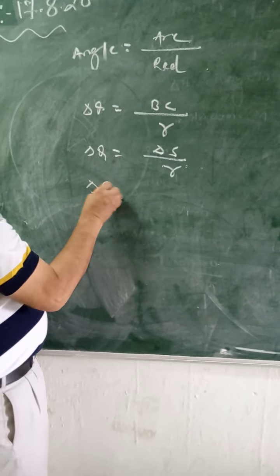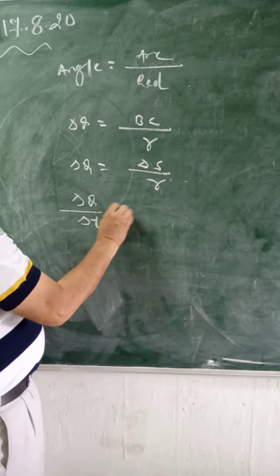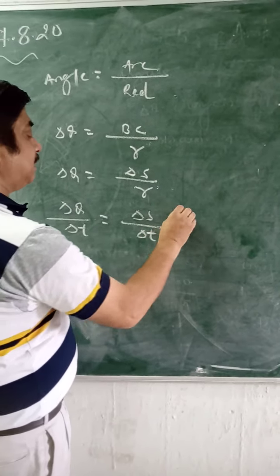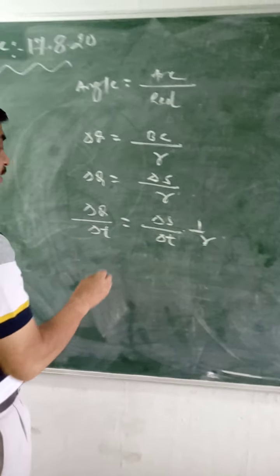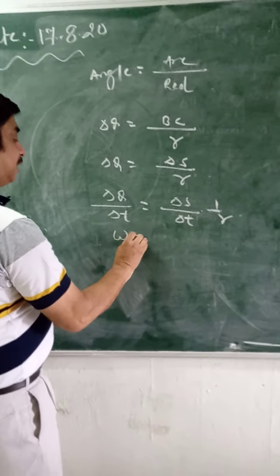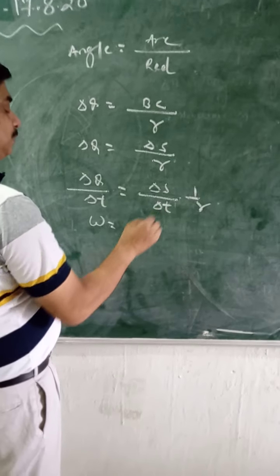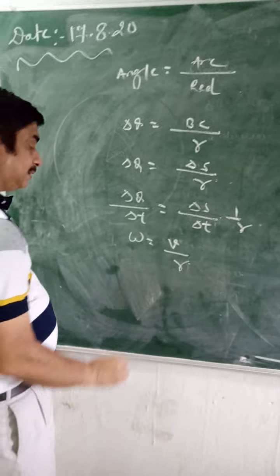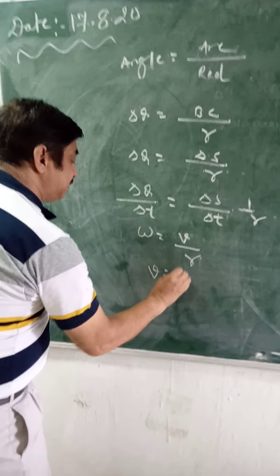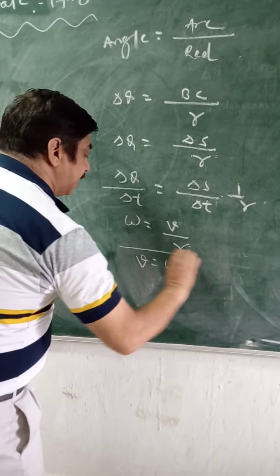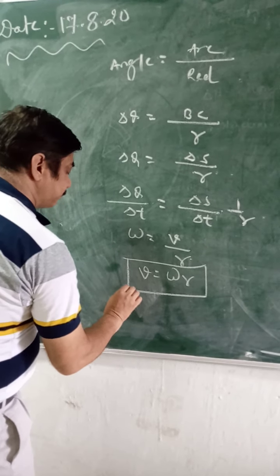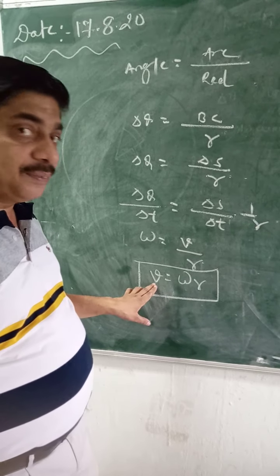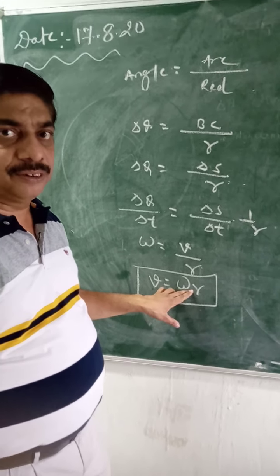Dividing both sides by delta t, we get delta theta by delta t equal to delta S by delta t into 1 by r. This is omega, and the change in displacement with respect to time is the linear velocity, divided by r. So here v is equal to omega r. This is the relation between linear velocity and angular velocity.